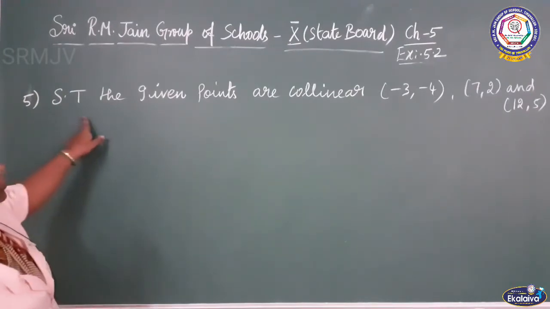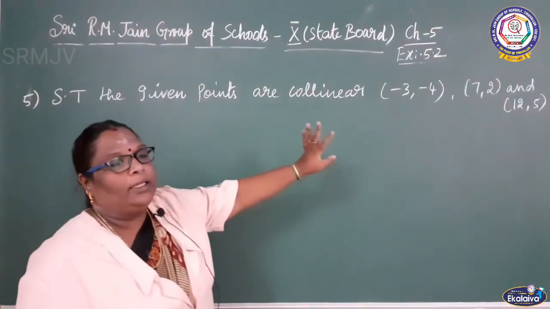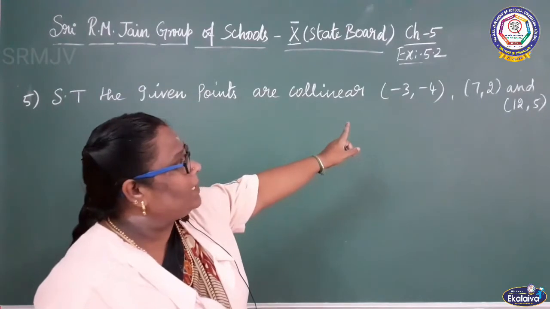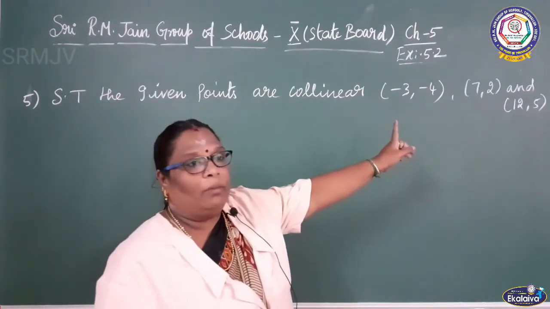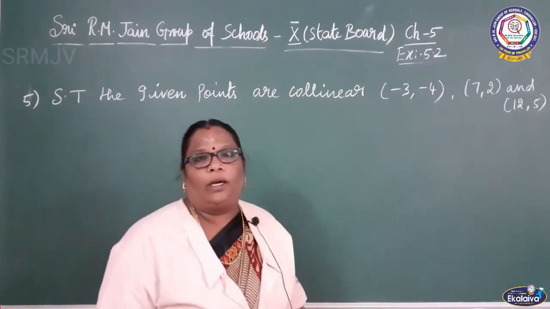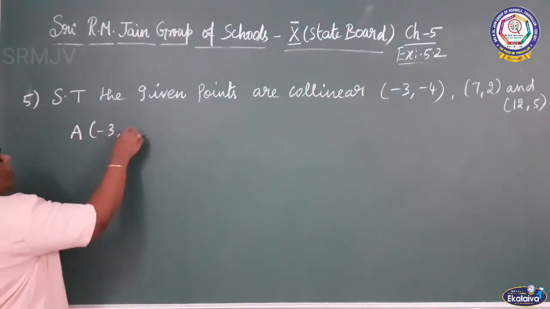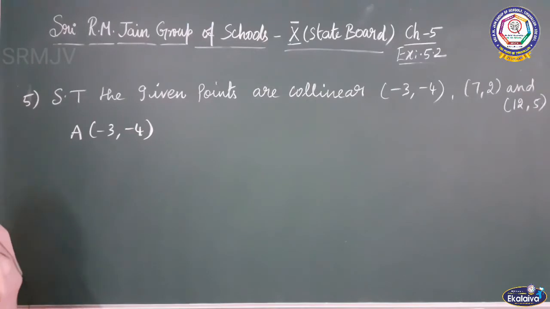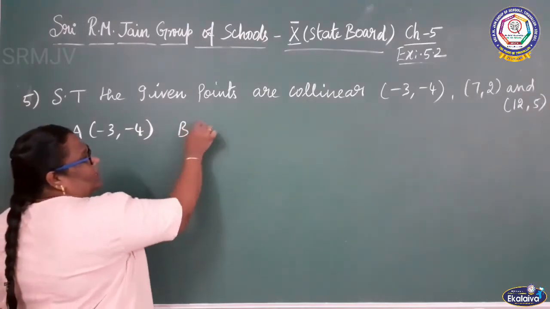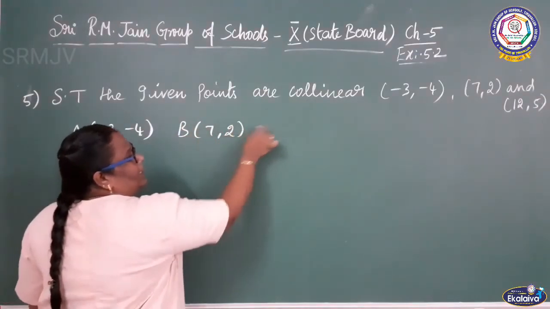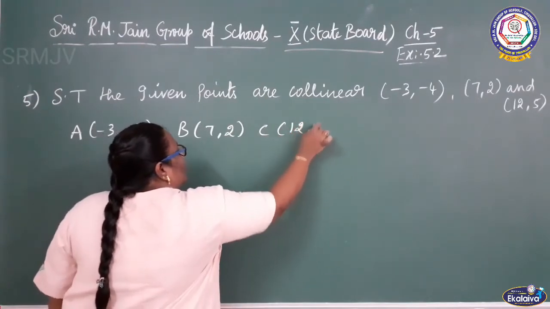See the fifth sum: show that the given points are collinear. The 3 points they have given are (-3, -4), (7, 2) and (12, 5). So you can take A as (-3, -4), B as (7, 2) and C as (12, 5).